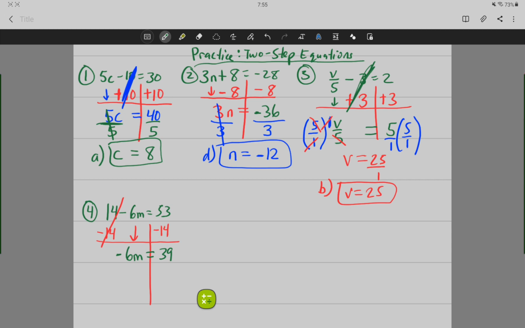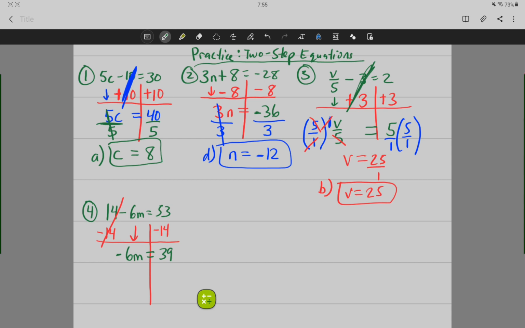And what operation do we see? Again, be careful on this. This is not a subtraction. Let me just point it out right here. So instead, we should see that as negative 6 times m. So that's really multiplication.